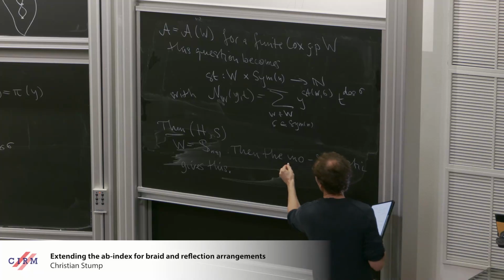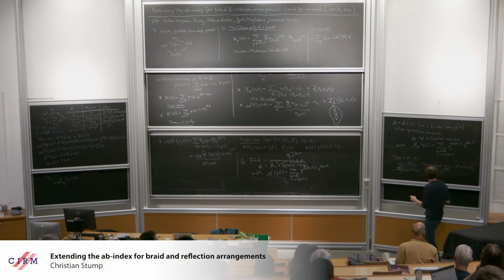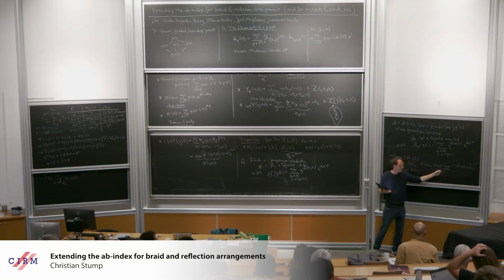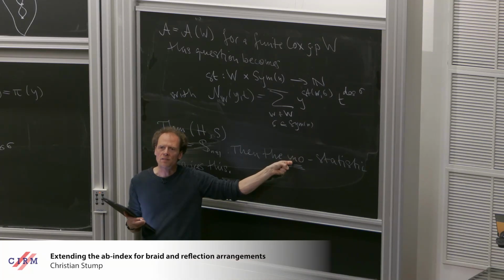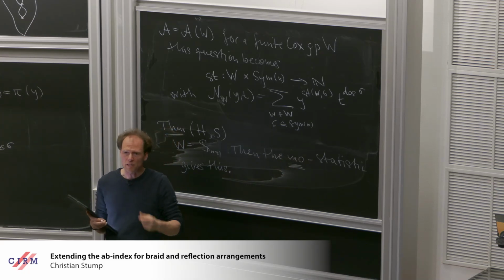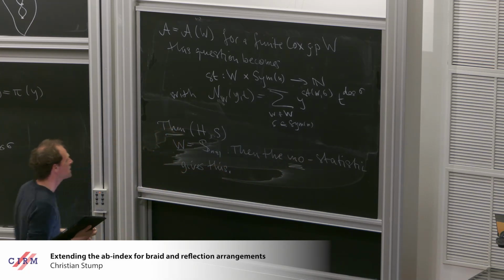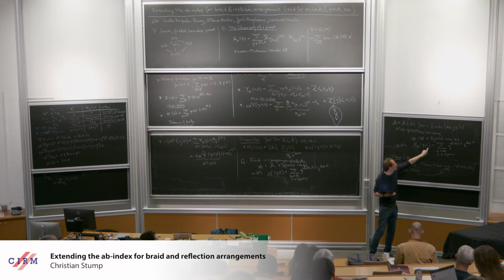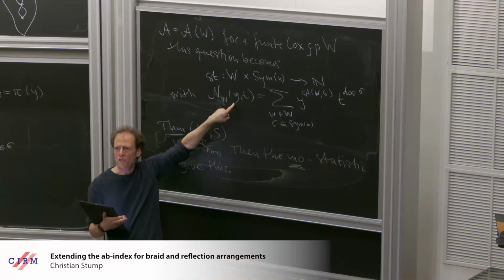We defined a statistic, an in-order statistic. I'm not giving the definition, but the in-order statistic generalizes left to right minima in permutations, and this statistic does give you, for the braid arrangement, this evaluation.